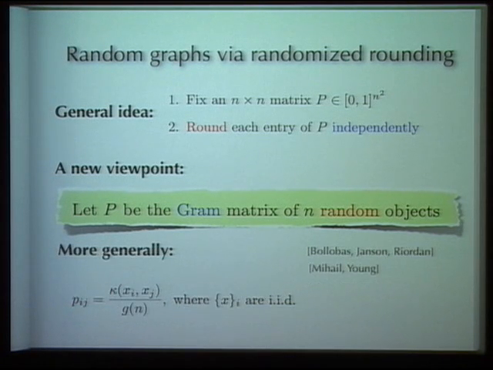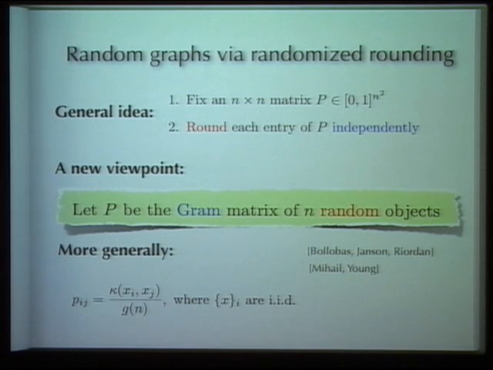More generally, this is a more recent work by Bollobás, Janson, Riordan, and also Mihail and Young. We have IID objects, which you can think of as just vectors in some low-dimensional space drawn from some probability distribution. And then Pij is simply the value of the kernel function between vector i and vector j.